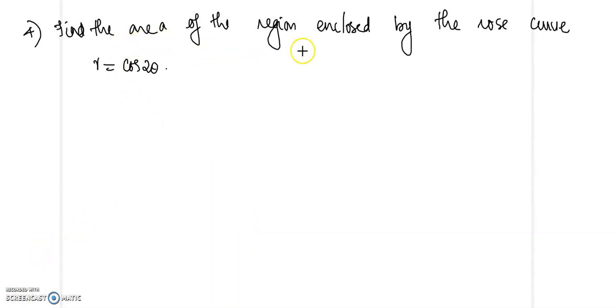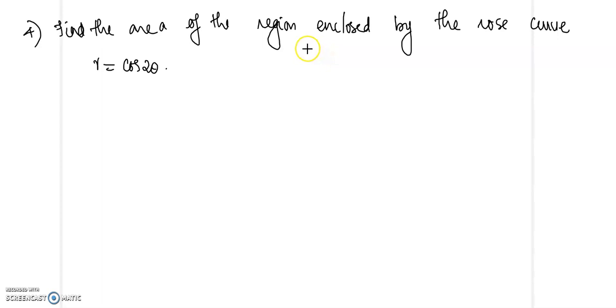The next problem is to find the area of the region enclosed by the rose curve r equal to cos 2 theta. Now when you have r equal to a cos n theta, if n is even, we have seen that there will be 2n petals. Okay, അപ്പം ഇവിടെ 4 petals ഉണ്ടായിരിക്കും and the curve is traced exactly once in the interval 0 to 2 pi.